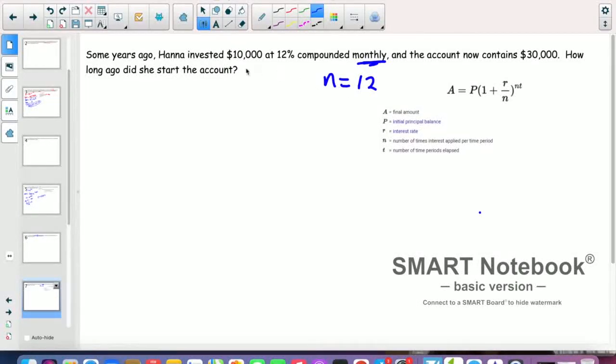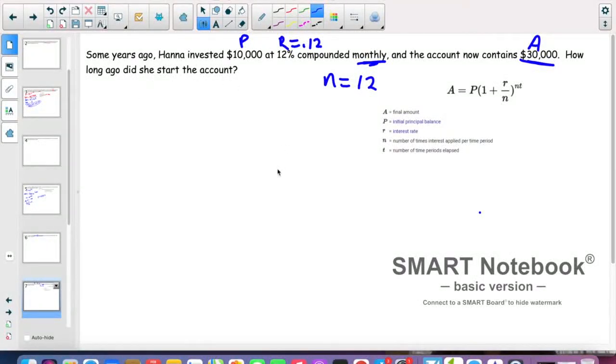that was invested. So it says some years ago, Hannah invested $10,000. That's her P value, the amount she invested. The interest rate, our R value, is 0.12 because we have to write it as a decimal. Compounded monthly tells us N is 12. And the account now contains $30,000. That's our A amount.